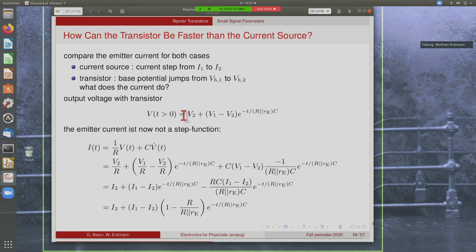you take the output voltage here in the transistor case and use the equation that we had for the differential equation. So the current is given by 1 over R times the voltage, which is the current through the resistor, and this is the current through the capacitor.